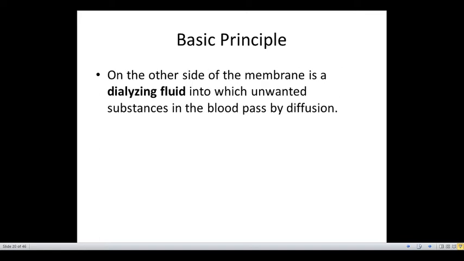On the other side of the membrane is a dialyzing fluid into which unwanted substances in the blood pass by diffusion.